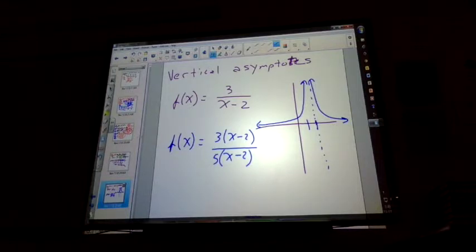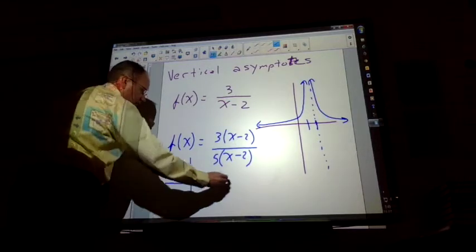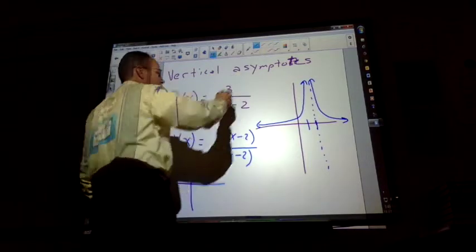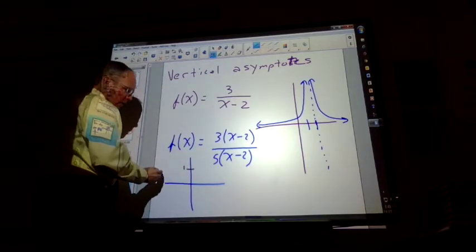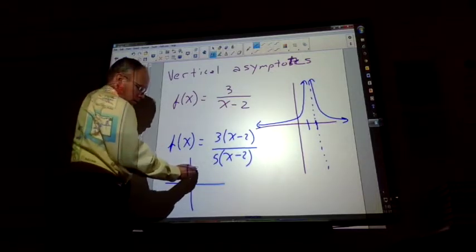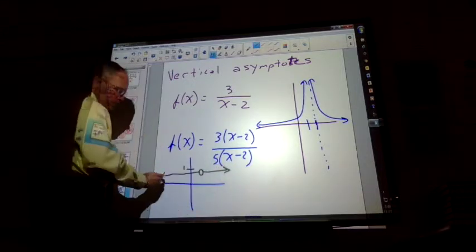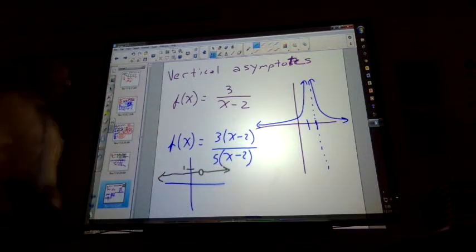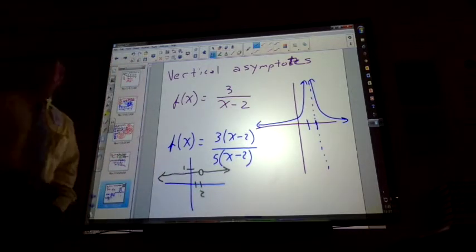That's exactly right. There's a hole in it. There's not an asymptote. This graph is going to be a straight line at 3/5. So if this is at 1, we have a straight line that does that. You have a hole in it at 2.